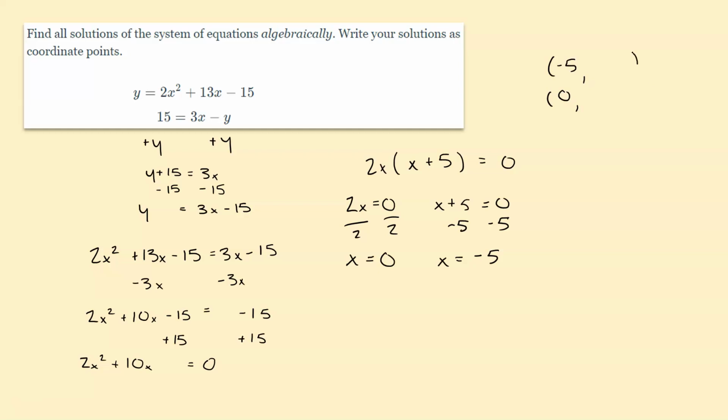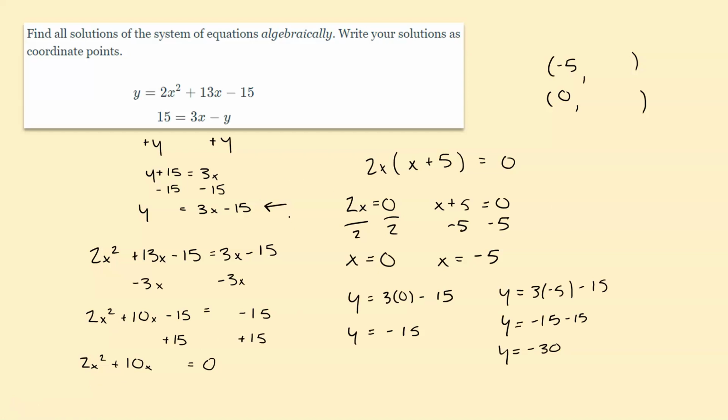Now we just have to plug these back in to one of our original equations in order to figure out the remaining y values. So I went ahead and plugged them into this equation right here rather than this one up here. The reason for that being that this is already solved for y, so all of my math is already on the right side.